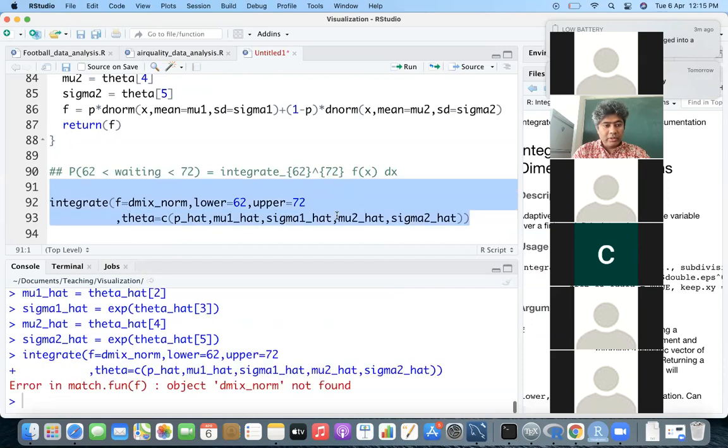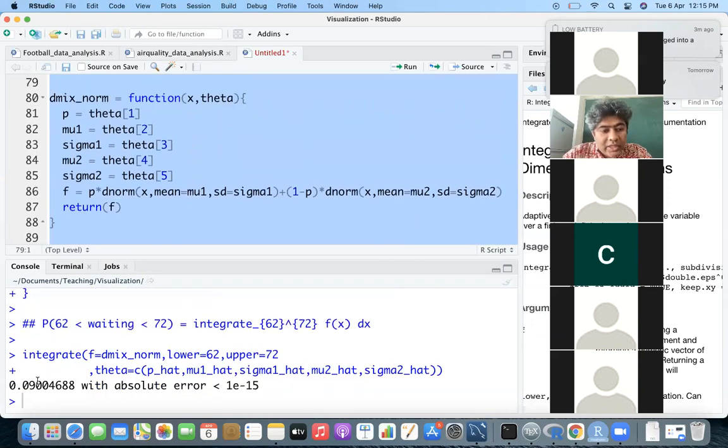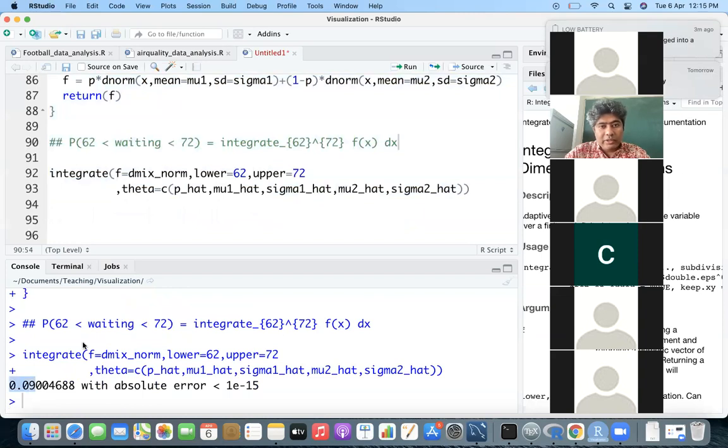If I run this, I have to run the function first, it is not available yet. Yeah. So the probability that the waiting time will be between 62 and 72 is only 9%.